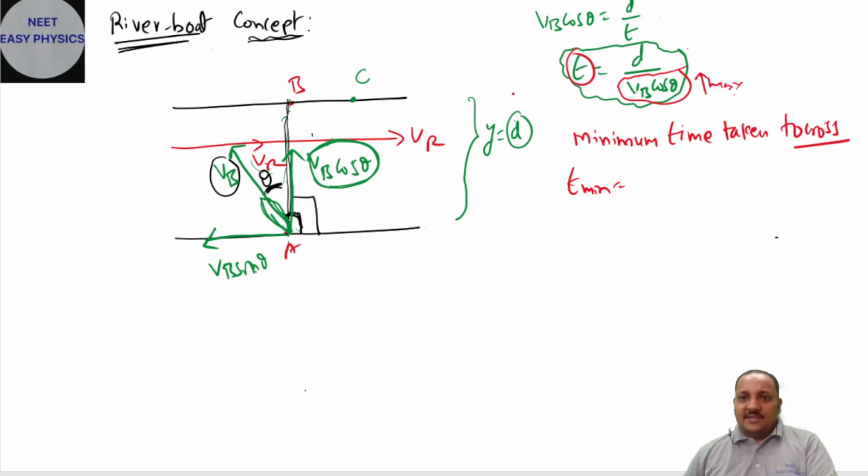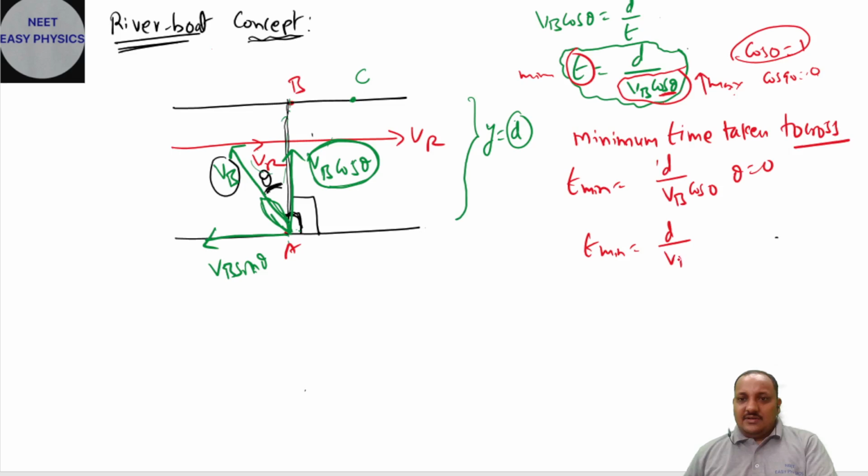It will be maximum when cos theta is maximum: cos 0 is 1, cos 90 is 0. Therefore, cos 0 means theta should be 0. If theta is 0, t is d by VB cos 0. So the T minimum formula you have to use is d by VB. This is the formula for minimum time taken.